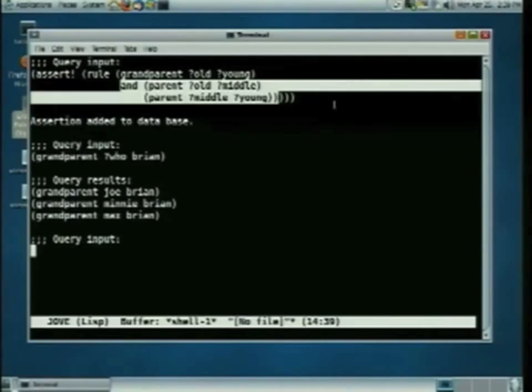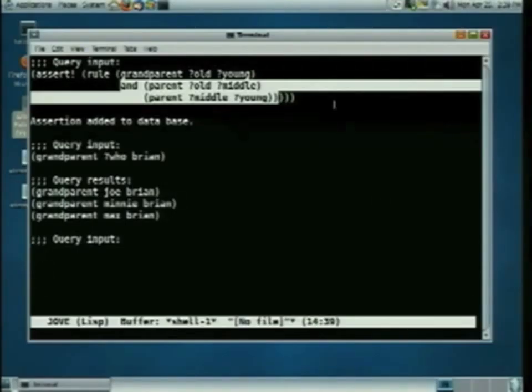Now we look and we find another assertion in the database that says parent, Mini, Tessa. Okay, fine. Old is Mini, middle is Tessa. And now we're looking for an assertion that matches parent ?middle ?young.